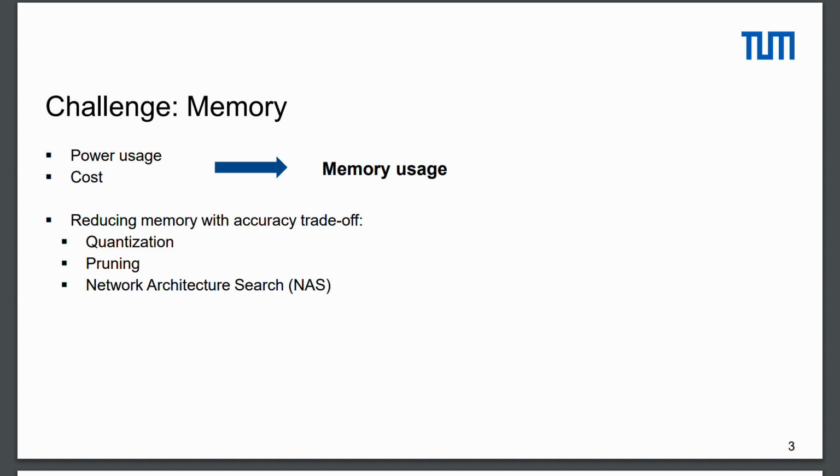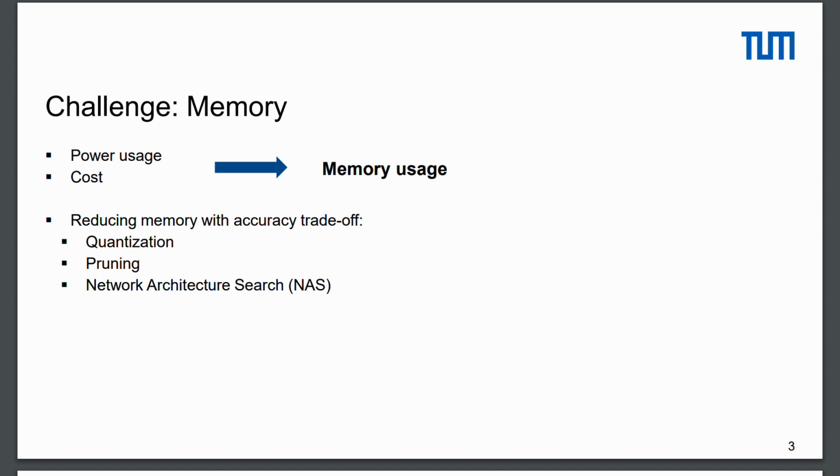So the challenge that we have been looking at was memory, because it is a major factor in very important metrics of power usage and cost. There have also been quite a few topics touched on already today, like quantization achieves memory reduction, pruning, structured, unstructured pruning, and network architecture search are all methods to improve this memory metric.